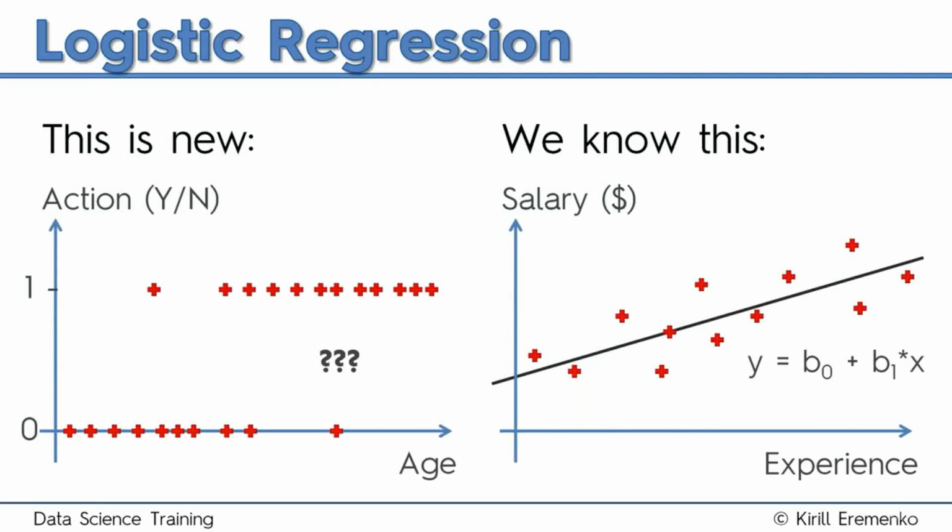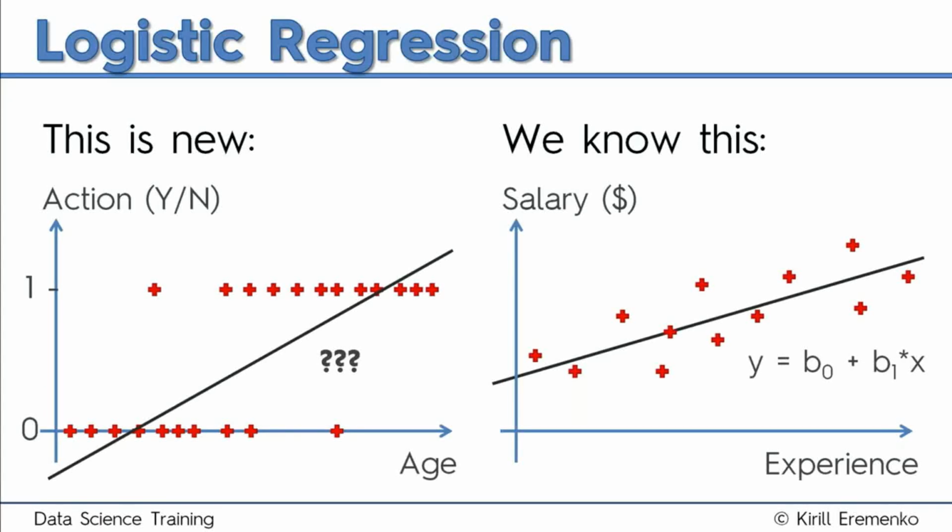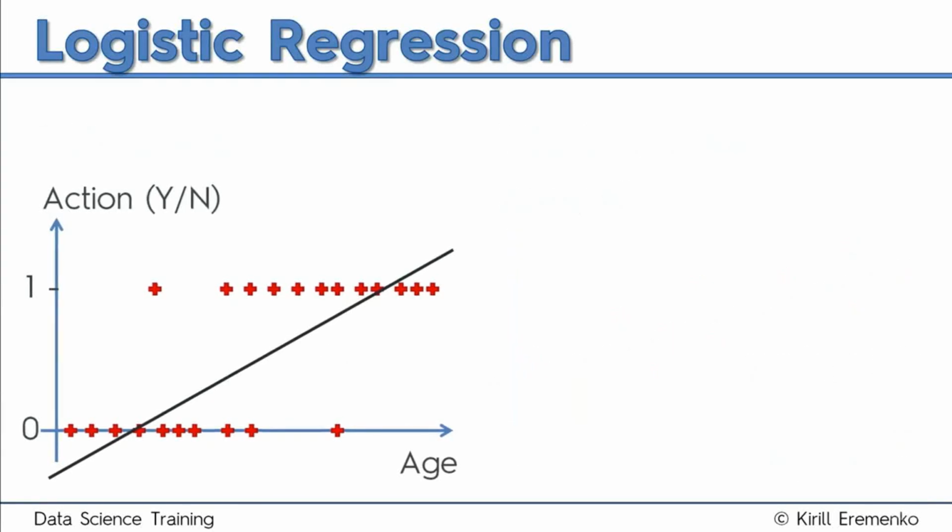So, can we somehow model this? How about we try the existing method in our toolkit, which is linear regression. Let's run a linear regression, and that's what it looks like. As you can tell, it doesn't look like the best approach, the best method to solve this problem. So let's look into this in a bit more detail.